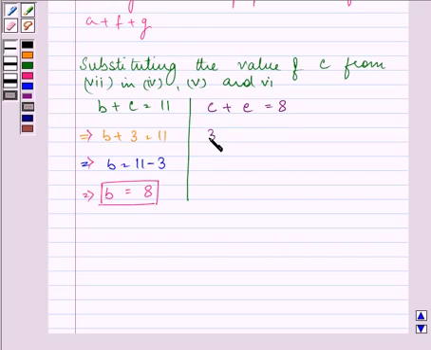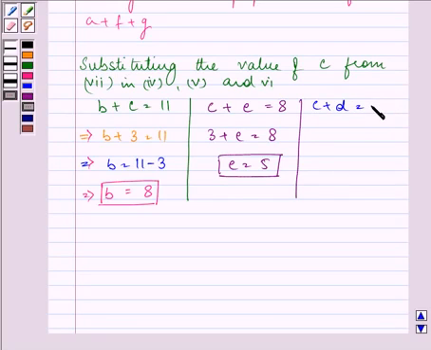So 3 plus E will be 8, the value of E will be 5. And lastly, C plus D in equation 6 is given to us as 9. C is 3 from equation 7. So we have the value of D as 6.